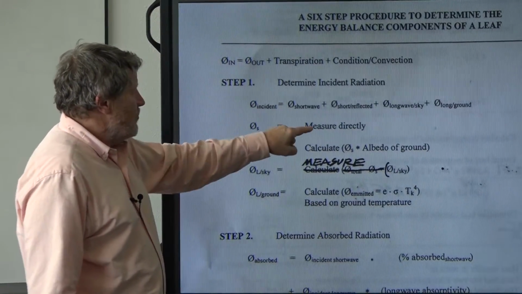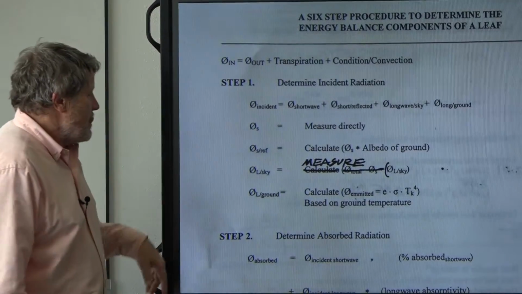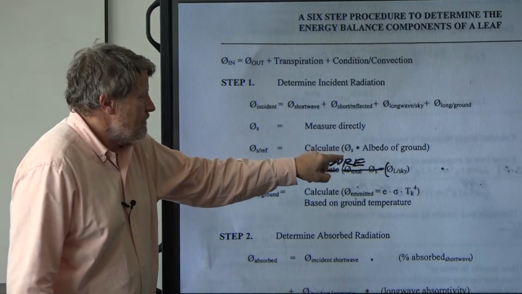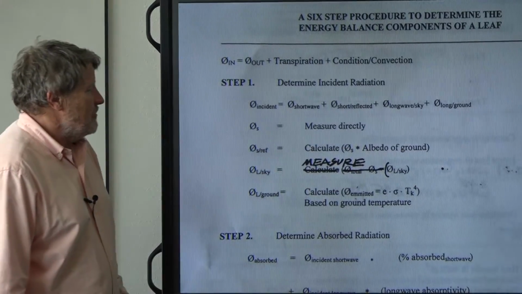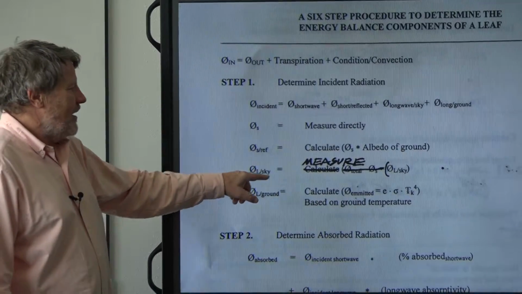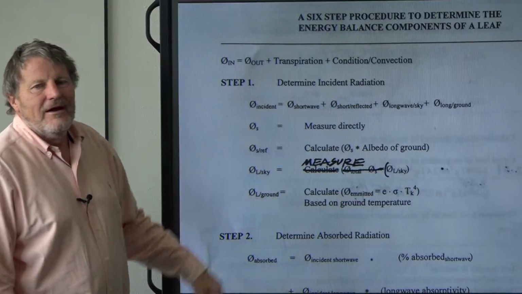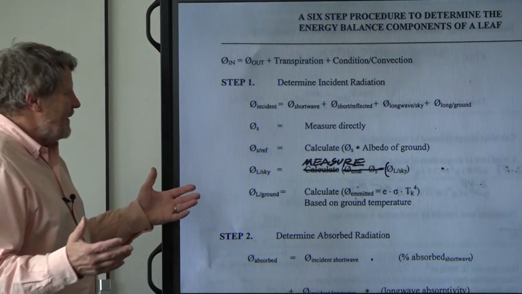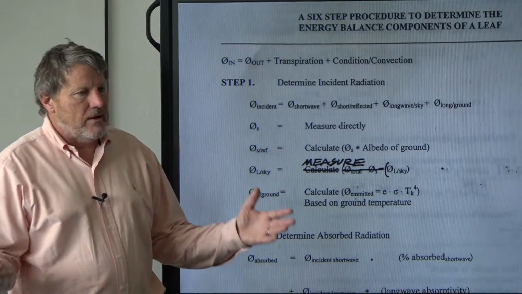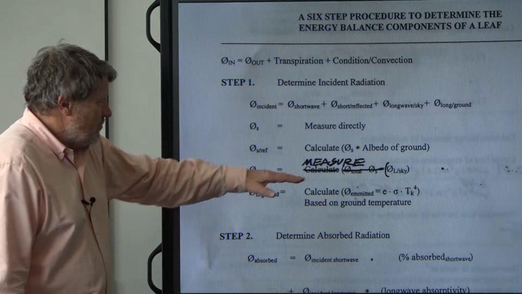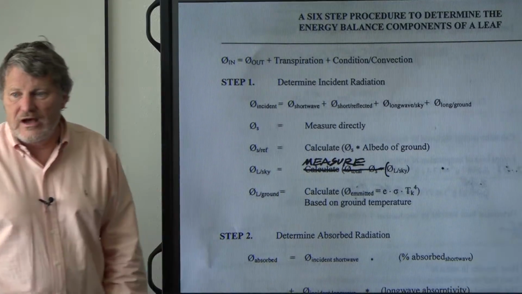And the sky component we measure directly. The reflected we calculate times 1 minus the albedo of the ground. The sky, see how I've crossed this out? Well, we used to calculate the sky, but now it's becoming way more common to use an instrument and just measure it directly, because we don't have to try and model the sky.